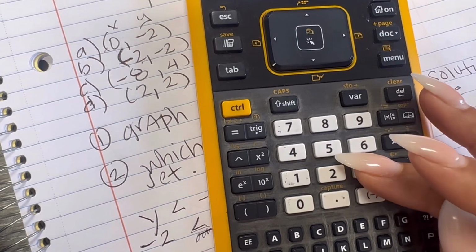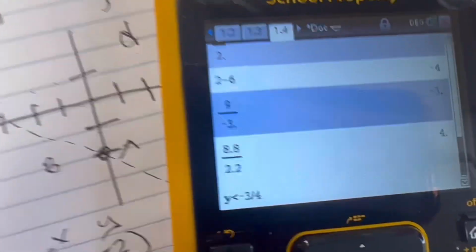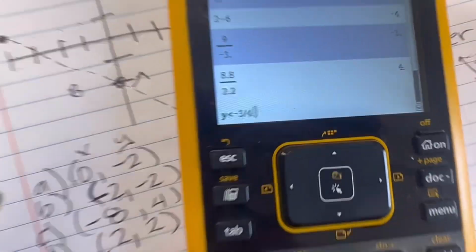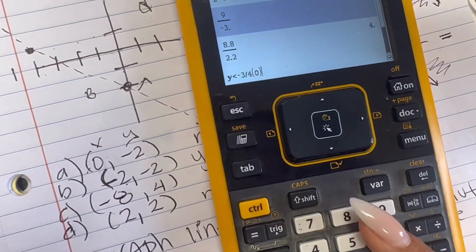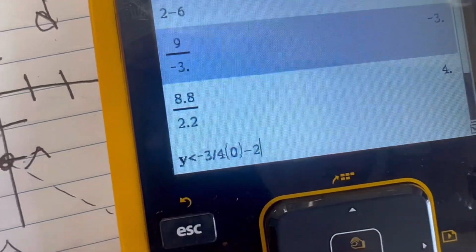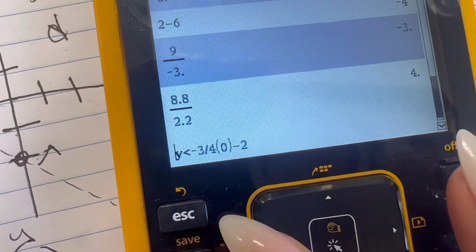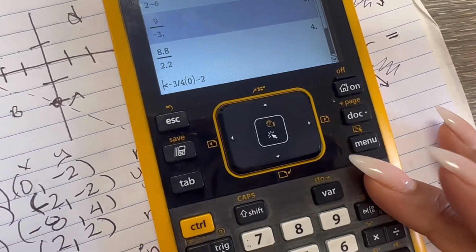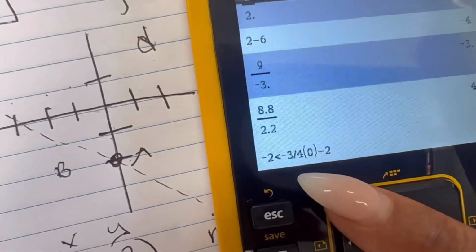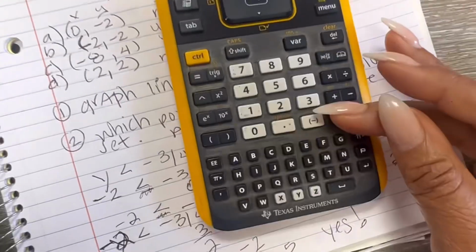Y is less than negative 3/4 times the x value, which is 0, parentheses, minus 2, so minus 2. Make sure your y, you go back over there and put negative 2. So delete the y and put negative 2. Is negative 2 less than negative 3/4 times 0 minus 2? Hit enter.